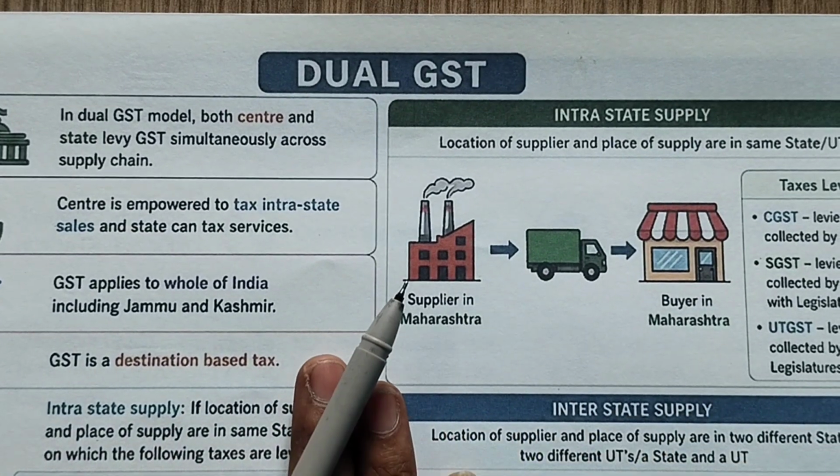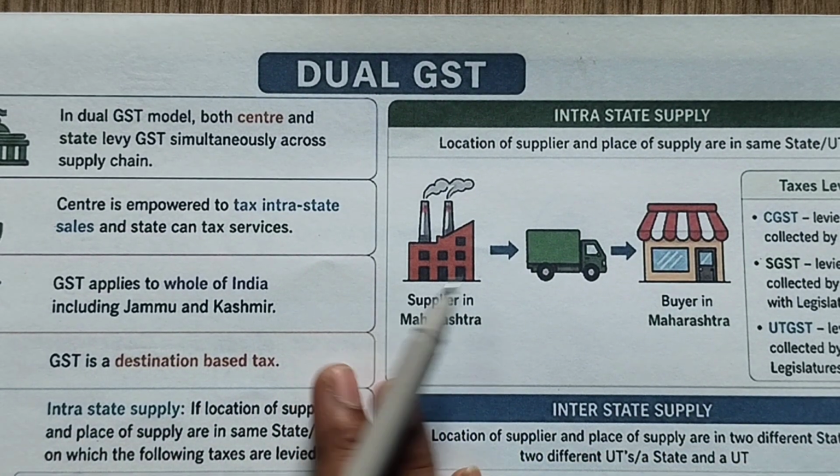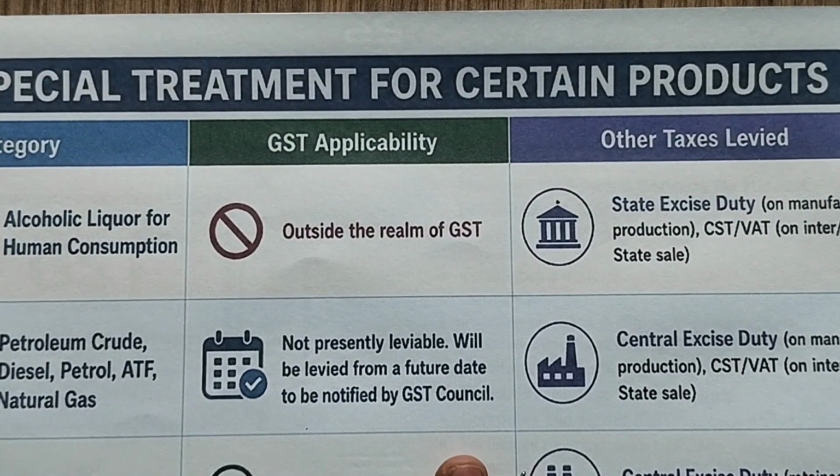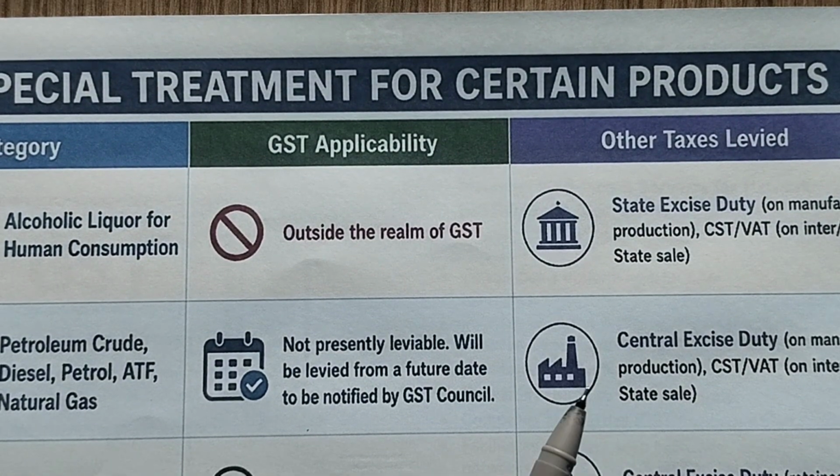So the dual GST model, I have already explained what the dual GST model is. We have CGST, SGST, and UTGST, which we have understood. Special treatment of certain products.